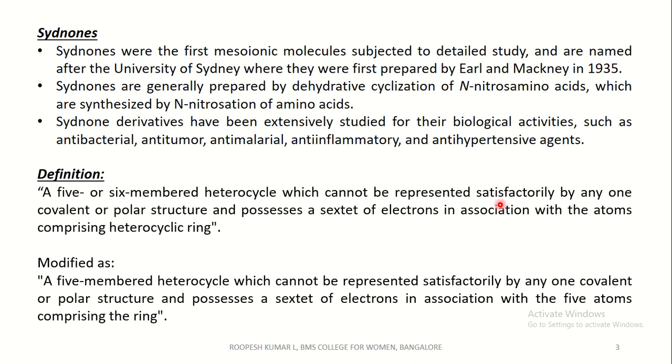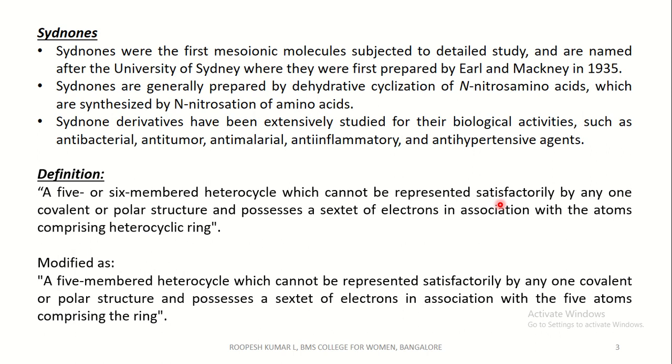What are actual mesoionic compounds? A 5 or 6 membered heterocycle which cannot be represented satisfactorily by any one covalent or polar structure and possesses a sextet of electrons in association with the atoms comprising the heterocyclic ring.